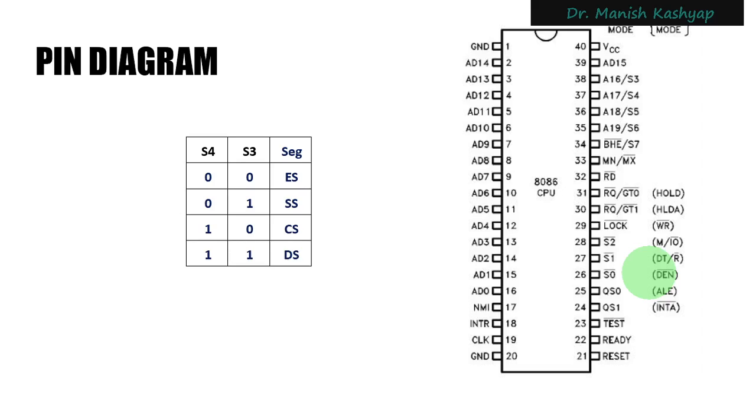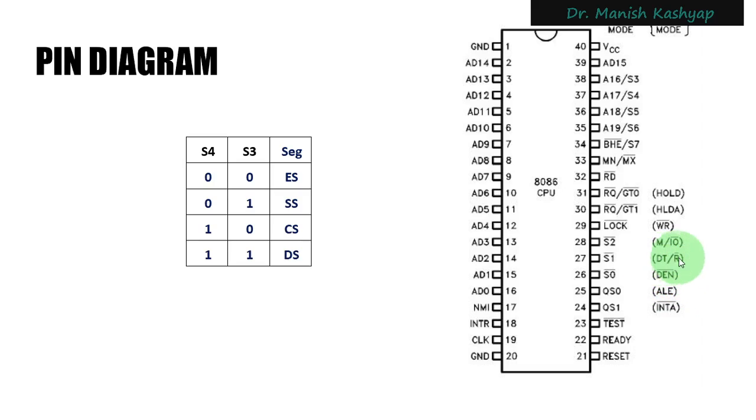We have seen the bus transceiver in the 8085 discussion, so that is used here. Data enable is active low. Obviously, if the value of this DEN is zero, then it is activated, and the microprocessor is ready to transmit and receive data. So this is indicated by that.